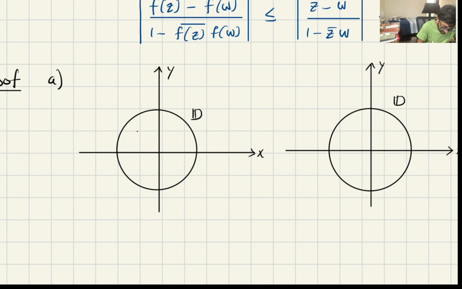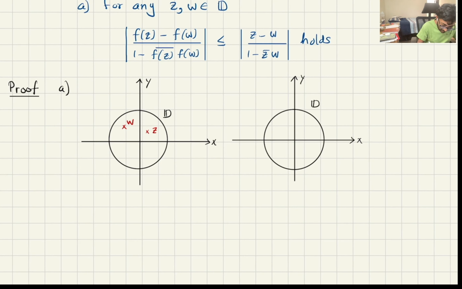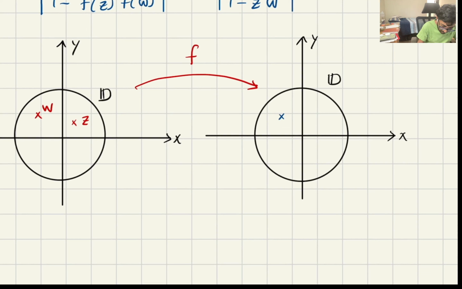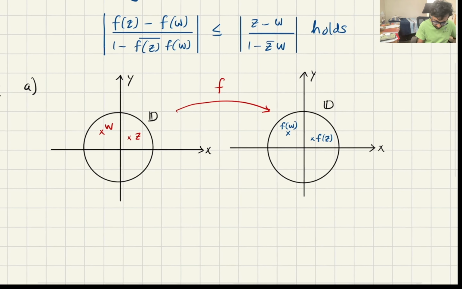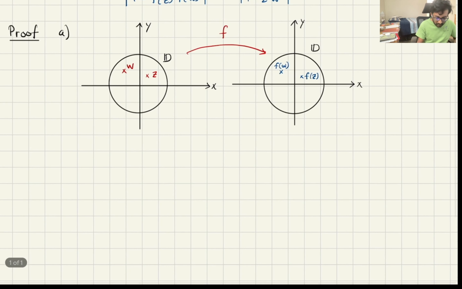Suppose w is somewhere there, and z is somewhere here, and this is the function f. Under this function, w would be mapped to f(w), and z would be mapped to f(z).